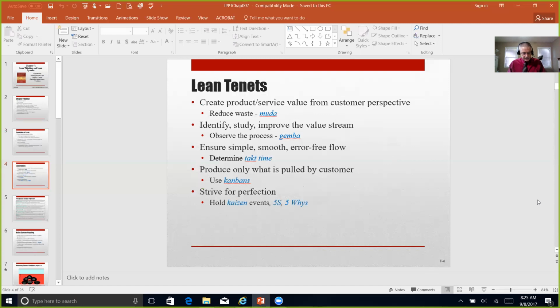Now, this has some downfalls, especially when the customer's needs change. When the customer's needs are changing, the definition of the value changes, and so does the definition of what constitutes perfection. So perfection is really meeting the exact needs of the customer in an affordable way.